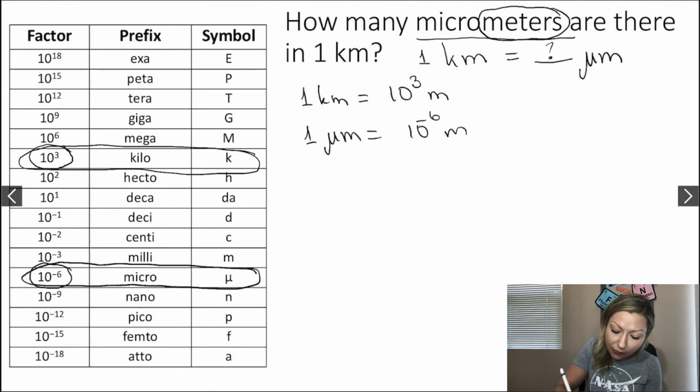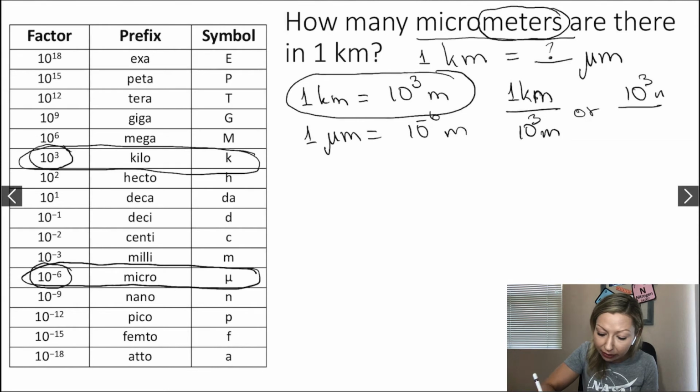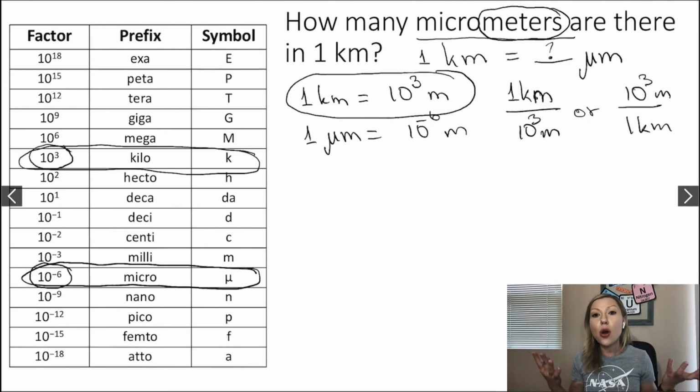And the conversion factors are coming from these expressions. So for example, for the first one, kilometer to meters, my conversion factor can look like this: 1 kilometer divided by 10 to the third meter, or 10 to the third meter divided by 1 kilometer. Now, how do I know which one to use?